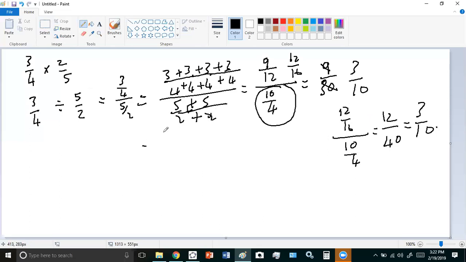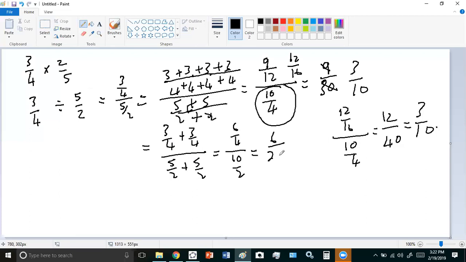But it will matter if, for example, you said 3/4 plus 3/4 on the top like this, and 5/2 plus 5/2 like this, then that would be 6/4, and this would be 10/2, okay? Not the same as what you did on top here. And then again, of course, if you multiply both by 4, then you get 6 over 20, which is still 3 over 10, all right?